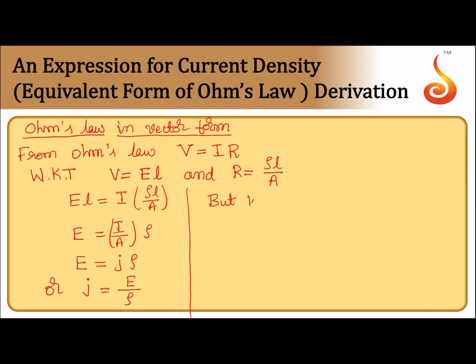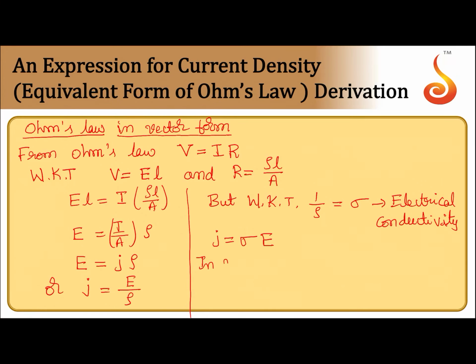We know that 1 by rho is nothing but sigma, which is the electrical conductivity of the material. Rho is resistivity, sigma is the electrical conductivity of the material. So you can write this as J is equal to sigma into E.